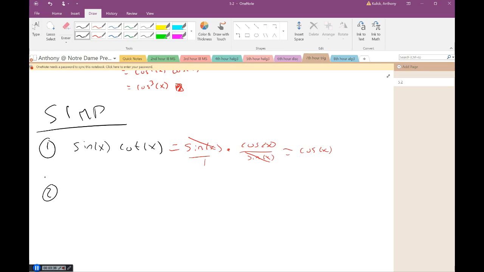Why is there an equal sign there? Let's say we have, let's try to pick something else.